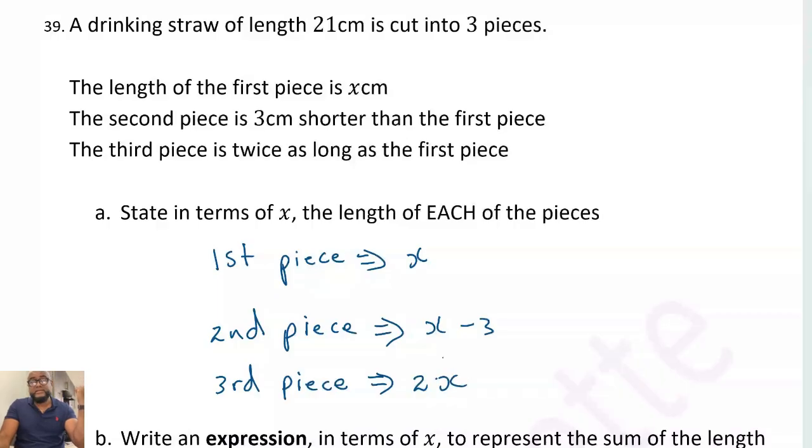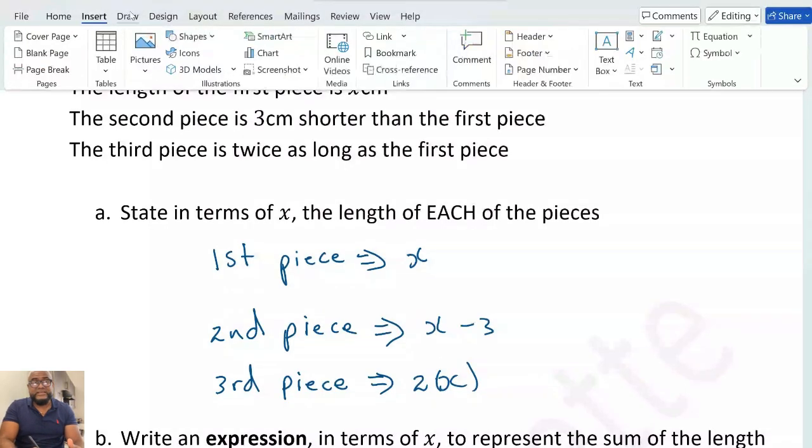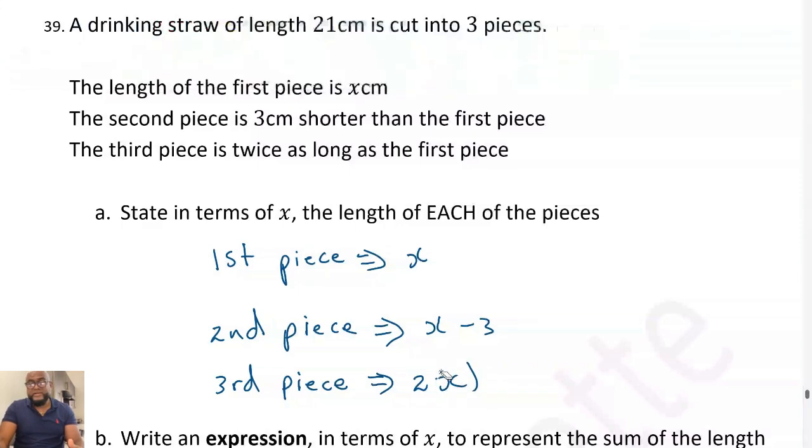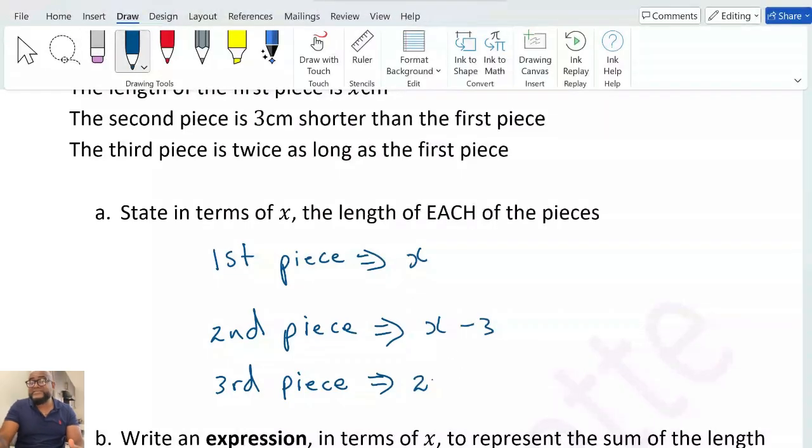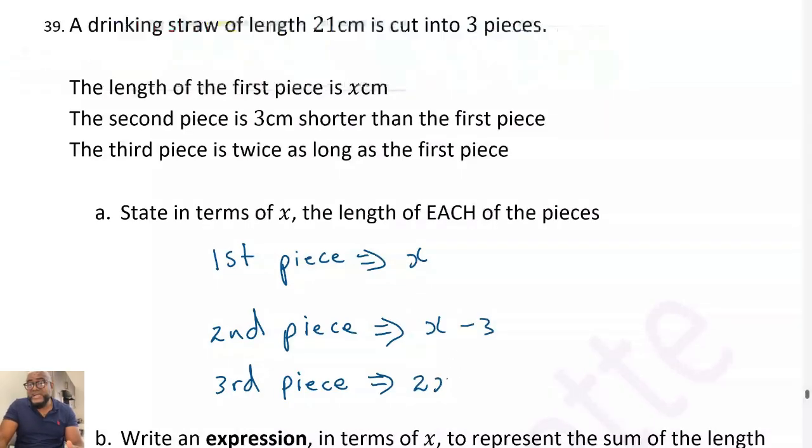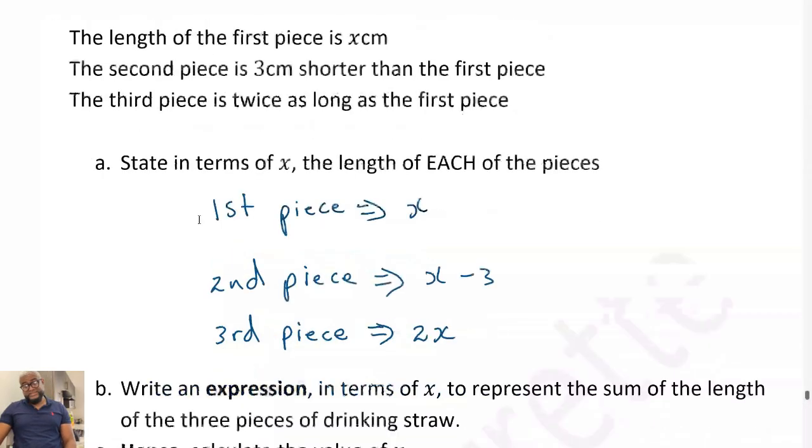You could put the brackets, but you don't need to. There's no x minus anything. That's 2x. That was the catch here. If you were watching the one before, you might have just put 2 by x minus 3, but they say twice as long as the first piece. So it's just 2x.